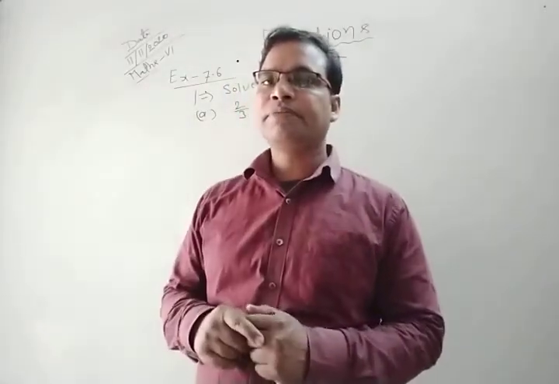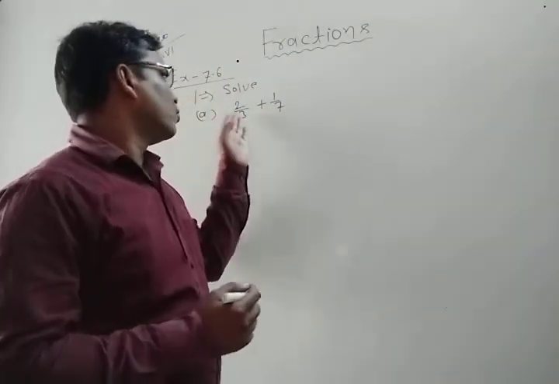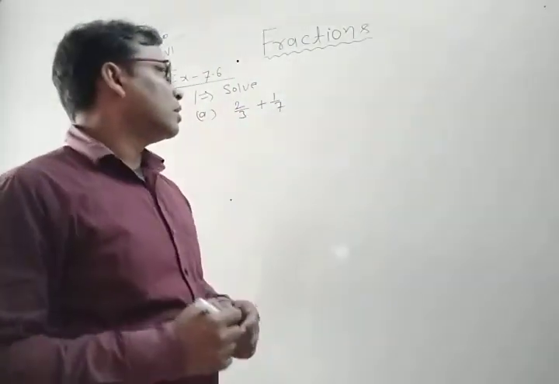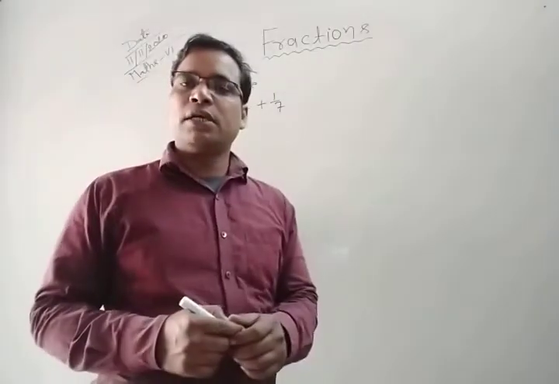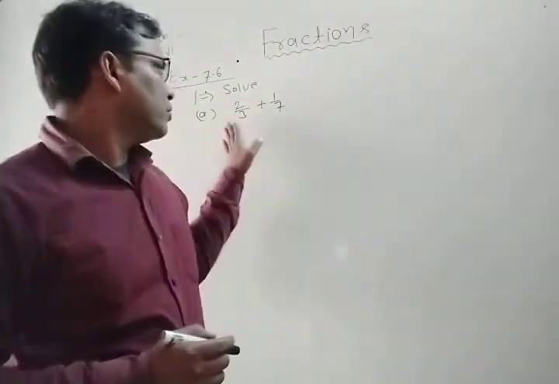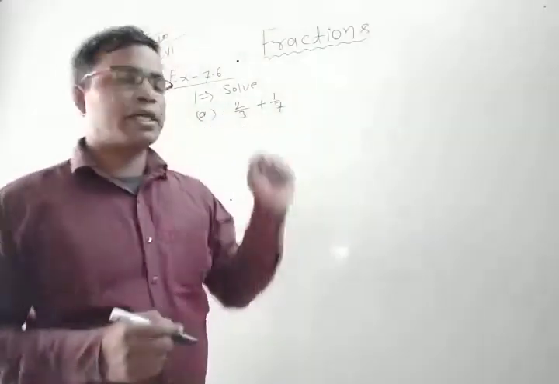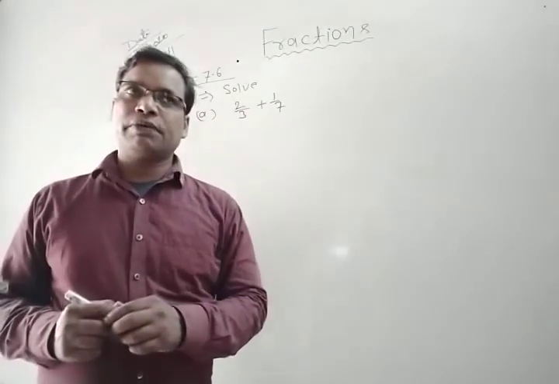Question number 1 I have solved. What do we solve here? 2 by 3 plus 1 by 7. You can see both fractions: the first fraction is 2 by 3 and the second is 1 by 7.